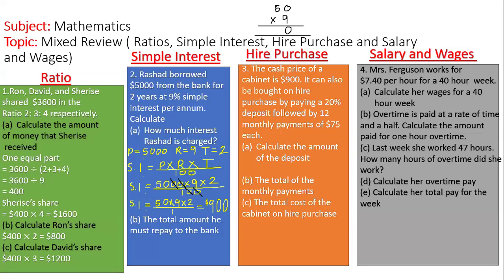What is 5 times 9? 5 times 9 is 45. So this is going to be 450. So 50 times 9 is 450. Then I'm going to take 450 and multiply that by 2.